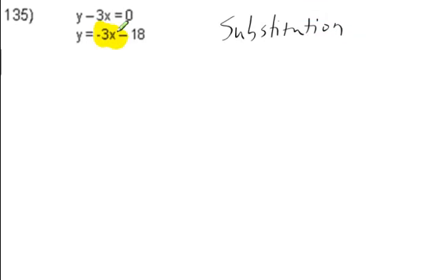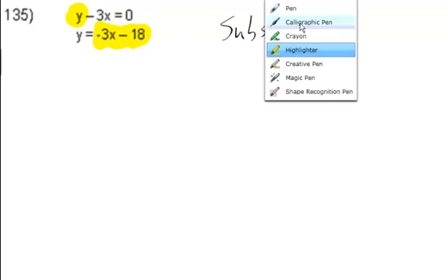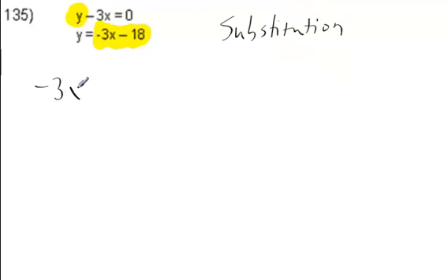Right there. So I'm going to highlight that. So y equals that. Then I'm going to take that y equals and substitute it right here where the y is. So in other words, this y up here is now going to be negative 3x minus 18.